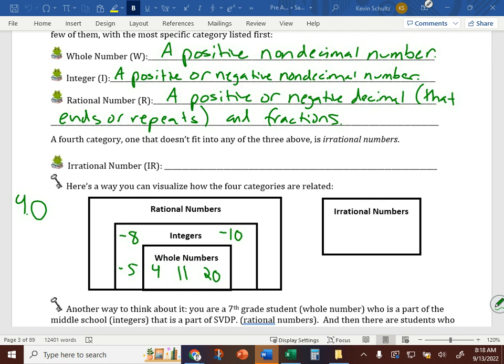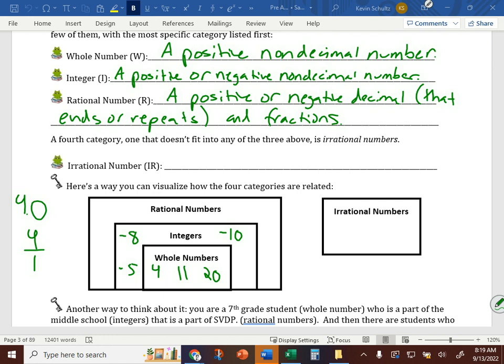Okay. How would you write the number 4 as a fraction, or any other whole number as a fraction? 4 over 1. Yeah, because you have 4 wholes. The denominator of 1 is a whole, 4 wholes. So any whole number can be written as a decimal or fraction. Any integer can be written as a decimal or fraction, which also makes them rational.